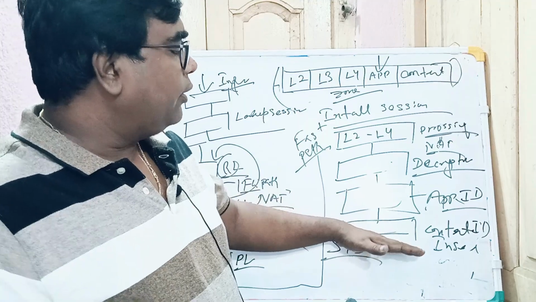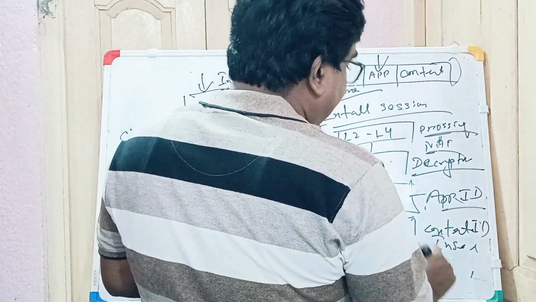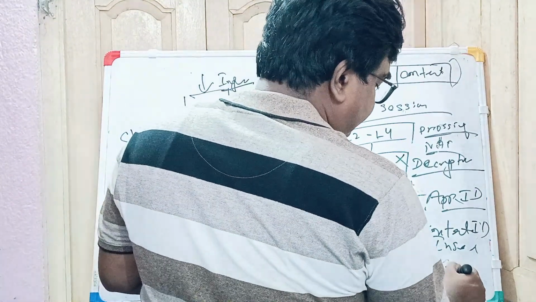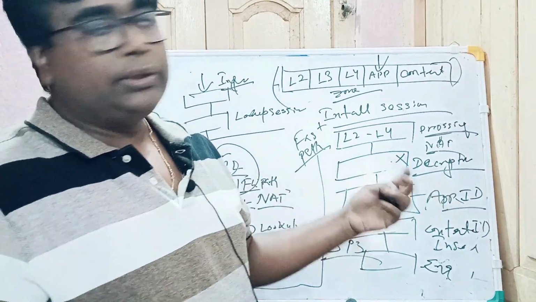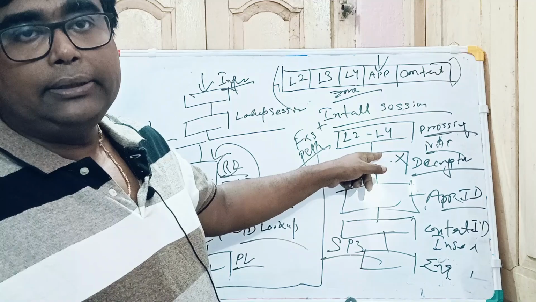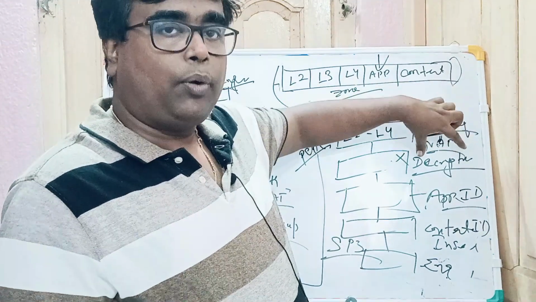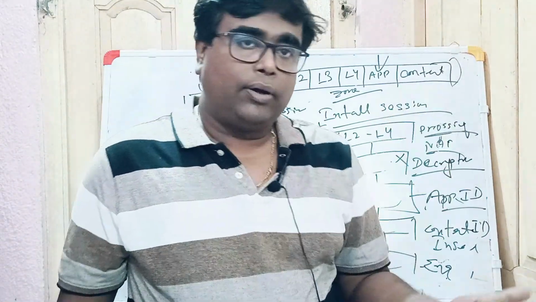If the content filtering is also processed successfully, then the packet comes to the stage where it is encrypted again, because we do not send the packet without encryption. We received the packet encrypted, and we decrypted it with Palo Alto.